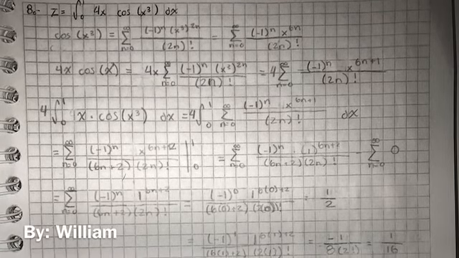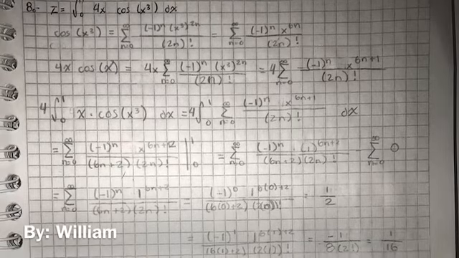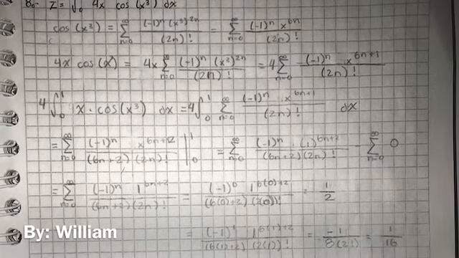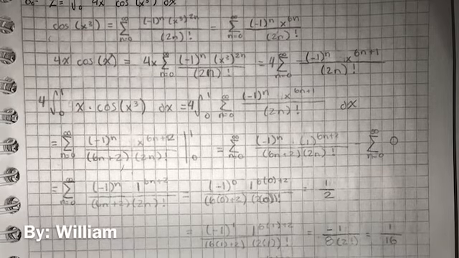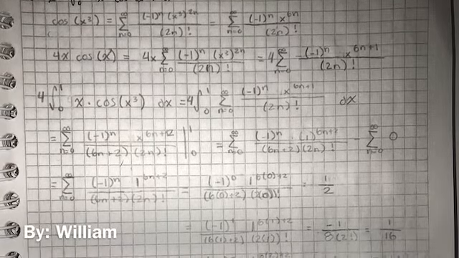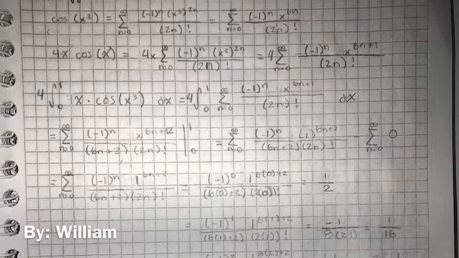Now we can input the 4x. That will give us basically the same result, but we need to multiply. We leave the 4 outside of the summation and multiply x times x to the 6n.